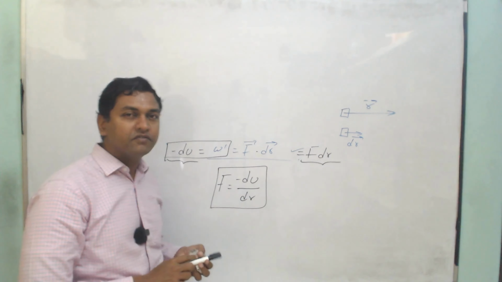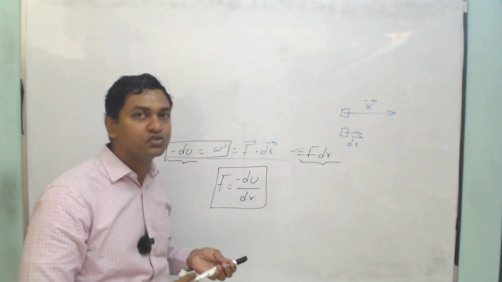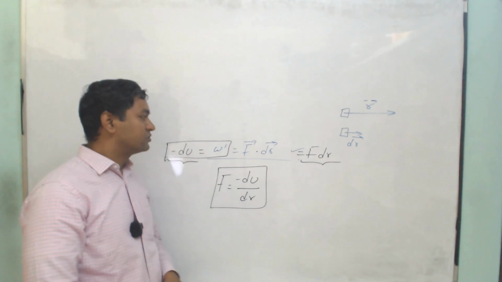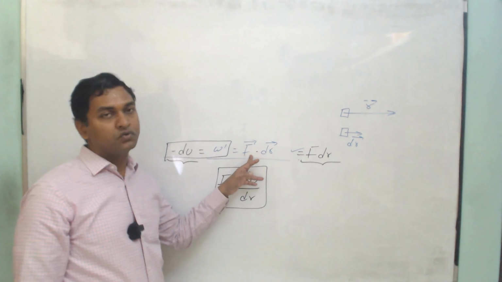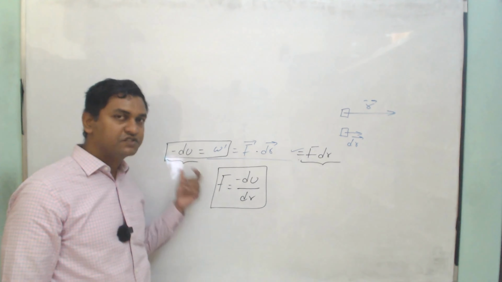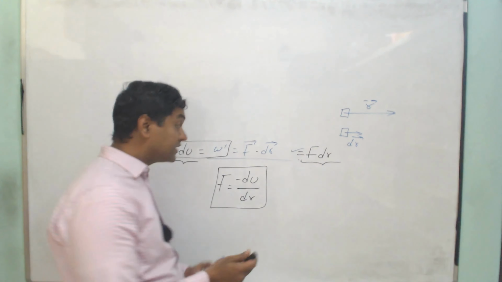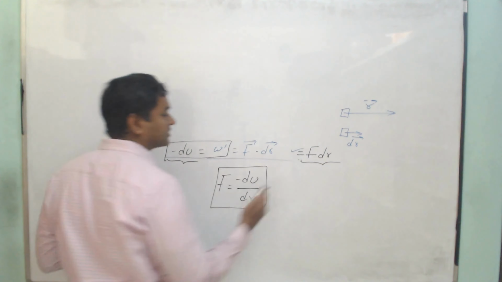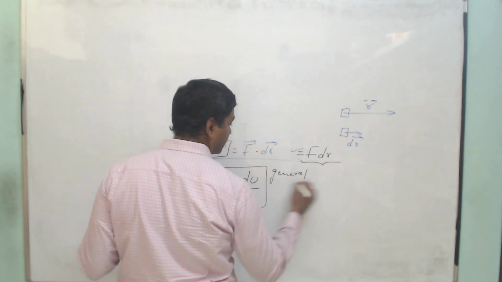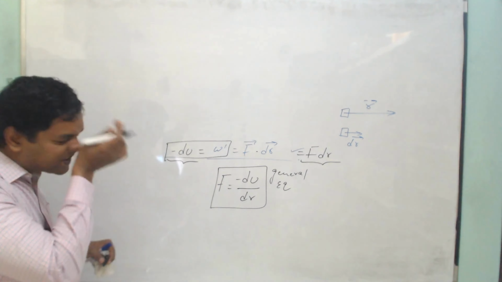I mean, work done can have many other change in energies also, right? So the work done due to this force, we are writing it in terms of change in potential energy. So my point is, can I treat this as a general equation? Yes, sir. I can use it as a general equation.